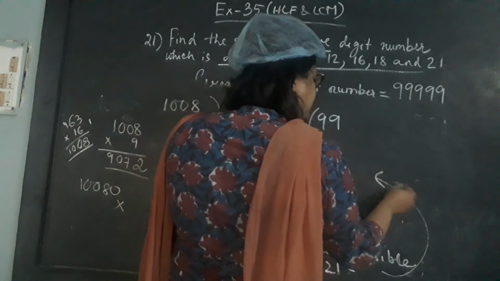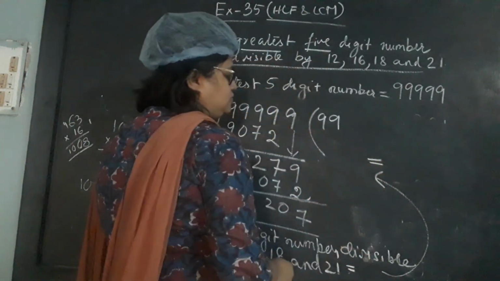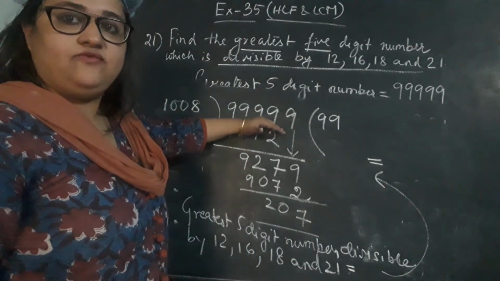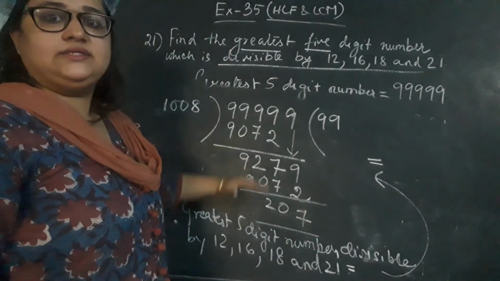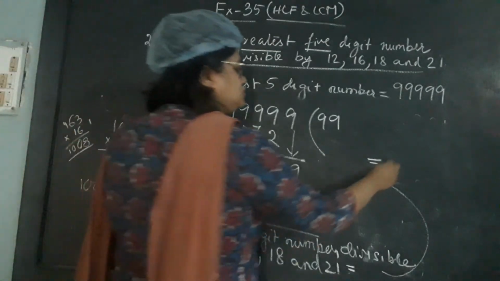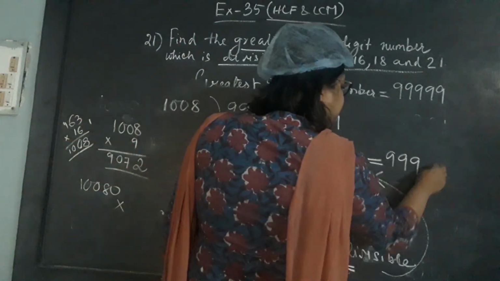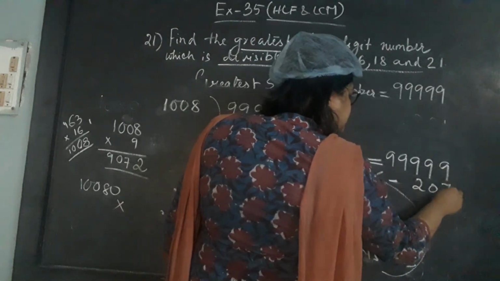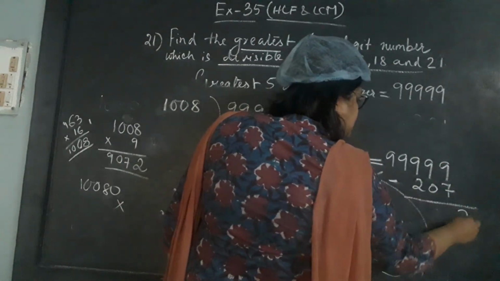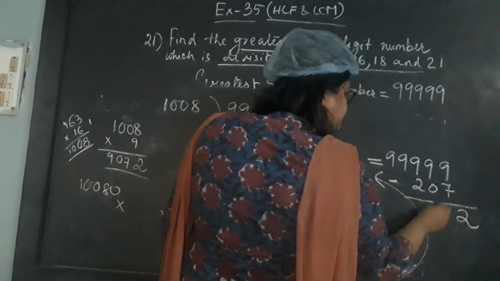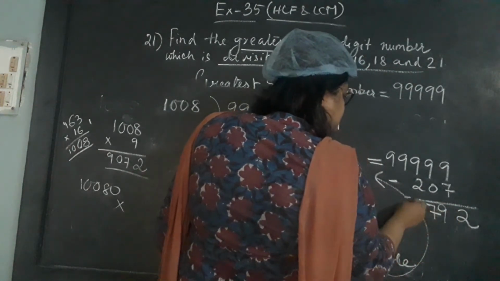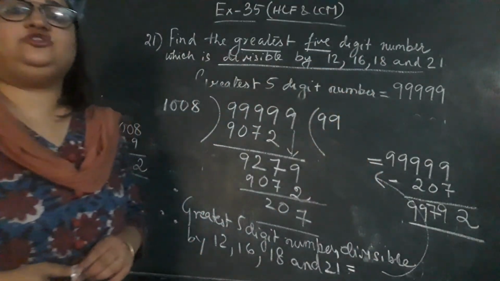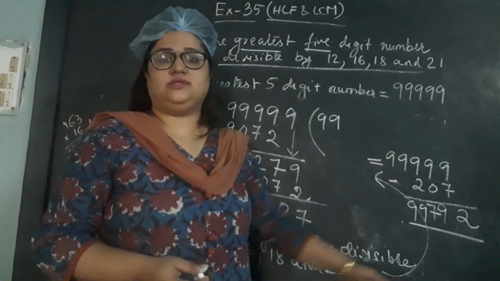I am doing it over here. It is equal to the greatest 5-digit number minus the remainder. So 99999 minus 207 is the remainder. That gives me 99792, so 99792 is our answer.